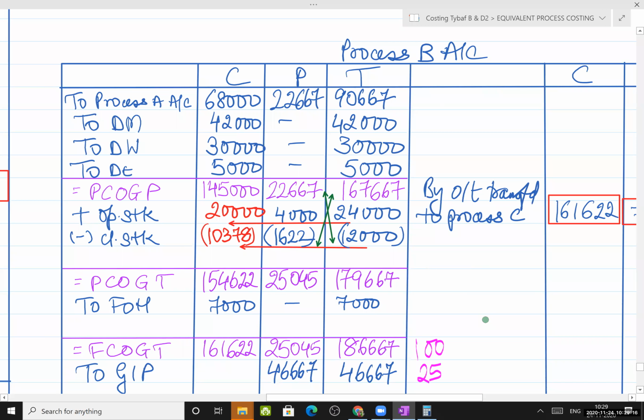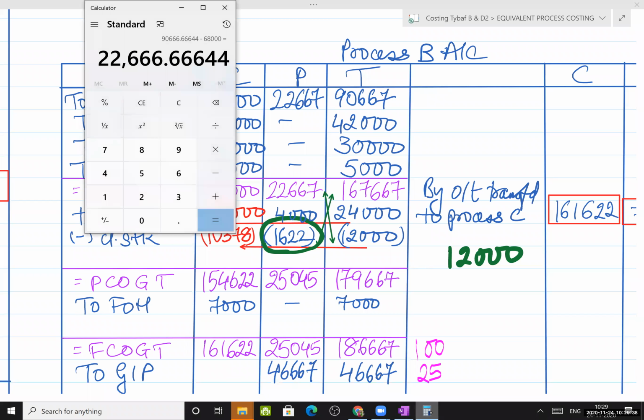Okay. Then closing stock. Closing stock को क्या बोला है? It will be valued at prime cost. तो ये रहा. This is my base. This is the base for calculating closing stock. So I will cross multiply. So closing stock they have given, it is 12,000 transfer price. Okay, उसमें से आपको profit element निकालना है. So cross multiply, 22,667 into 12,000 divided by 1,67,667.